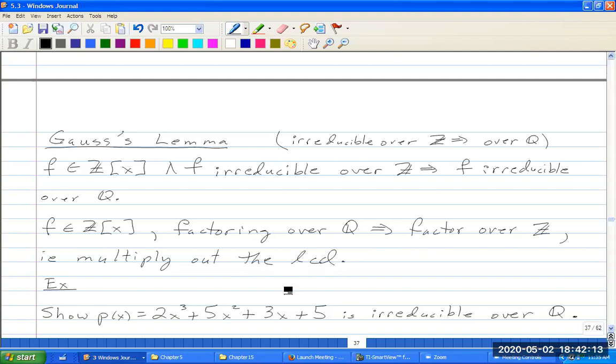You can just multiply by the least common denominator to get rid of the fractions. So if you're able to factor with rational coefficients, then multiplying out by the least common denominator means that you can factor over the integers.